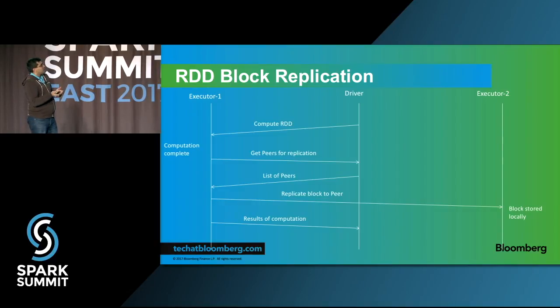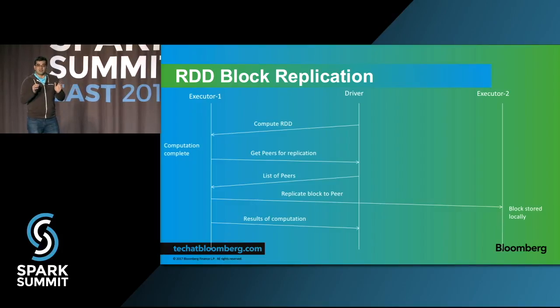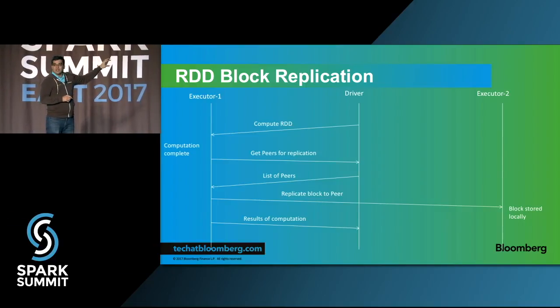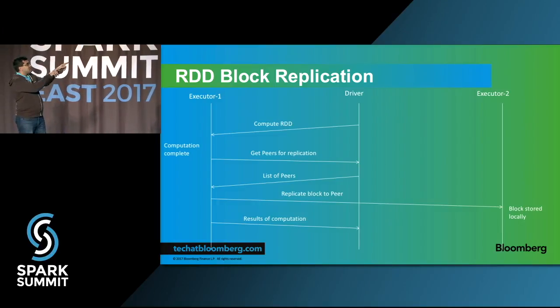And the driver responds to that request by listing all the executors that are still alive and connected to the driver. From these executors, the executor then picks one at random and sends it the block of data.